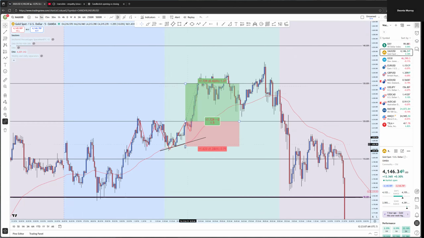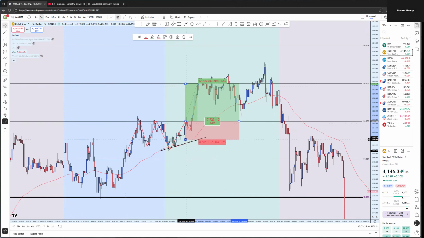Now it's just a matter of where do I place my stop loss. I can put it at a 2 to 1. For me, I wouldn't go no more than a 2 to 1 or 1 to 2. I like to say 1 to 2. I'm risking one to gain two, right? As you can see, two.